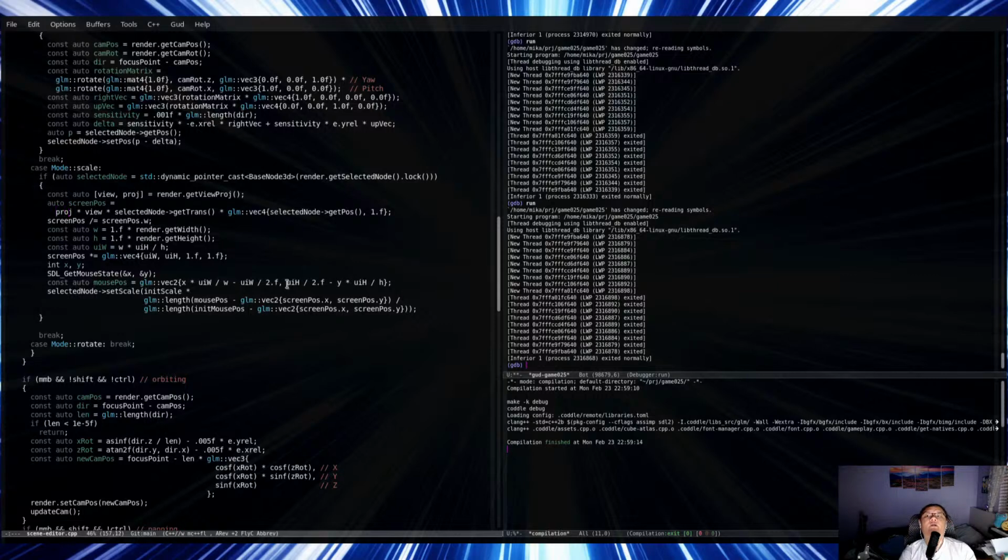Oh, wait a second. This is a mismatch between UI.